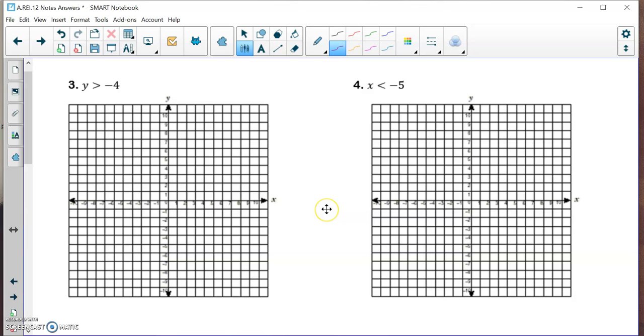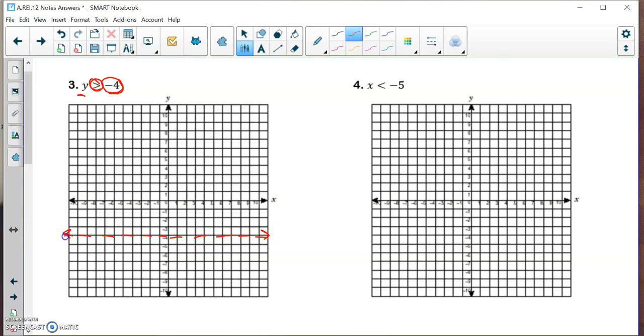All right, so recall from the linear equations unit that if you just have y is equal to a number, then this is a horizontal line on the graph. In this case, the horizontal line will cross the y-axis at -4, and it's going to be a dashed line since we have no equal to part in my inequality symbol.